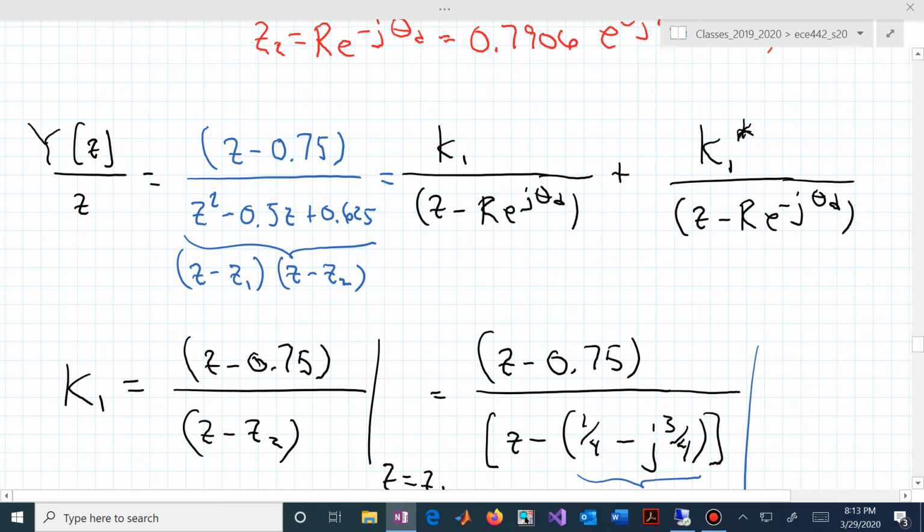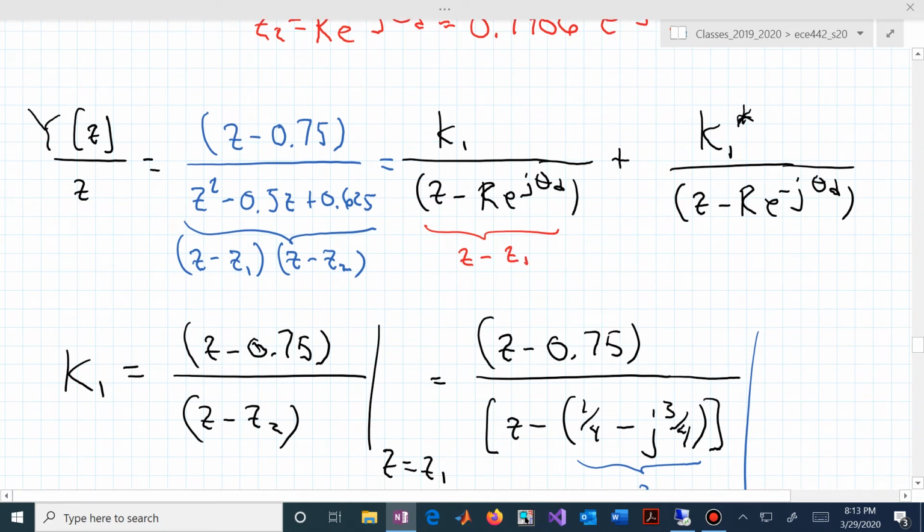That means we multiply both sides through by the factor underneath k1, which is z minus z1. That factor is now removed from that piece, and we're left with z minus 3/4 over z minus z sub 2, and that's k1.